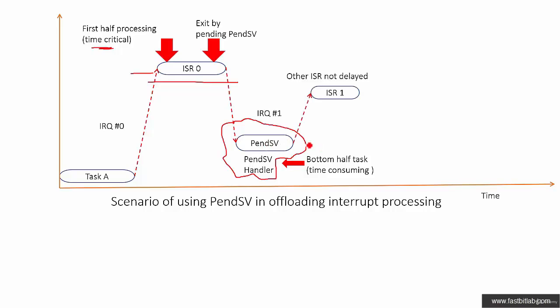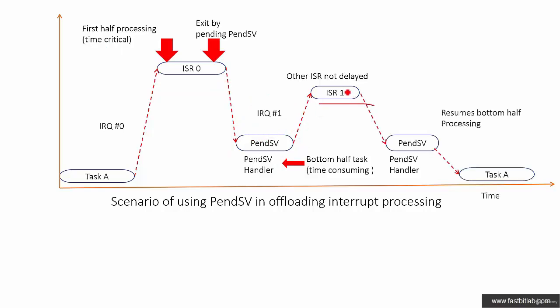When it is doing any bottom half processing, if any interrupt triggers, that interrupt can preempt this PendSV, because PendSV is always configured for the lowest priority. IRQ1 in this case can preempt this PendSV and ISR1 can run. When this finishes, PendSV resumes again.